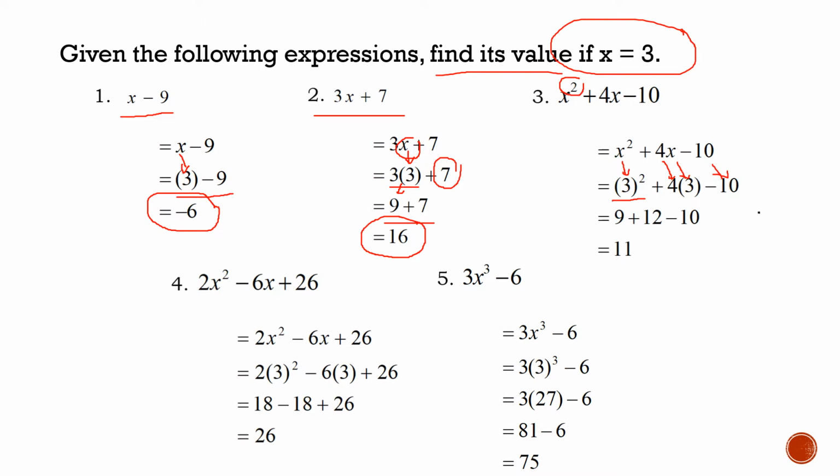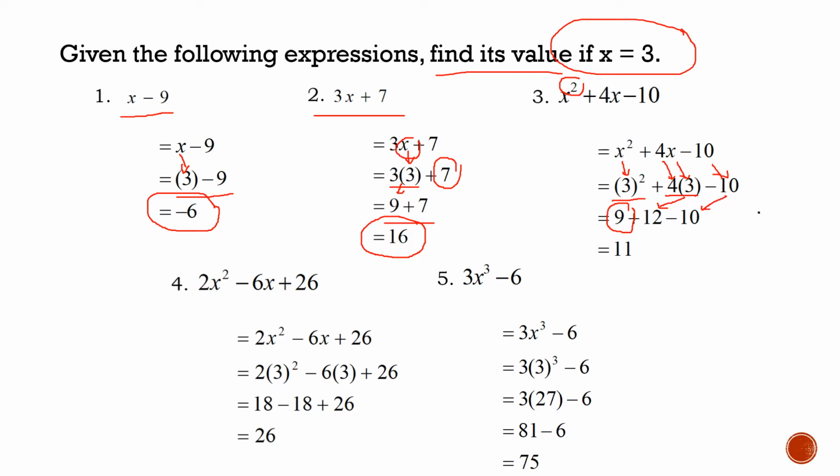Now, 3 squared is equal to your 3 multiplied by 3. In a simple word, 3 multiplied by 3 will be equal to 9. So if we multiply 4 by 3, that will be equal to 12. So we copy your negative 10.